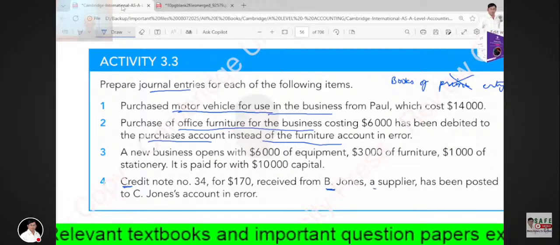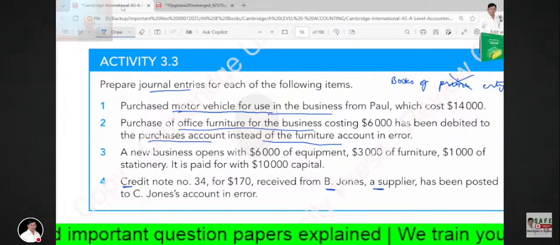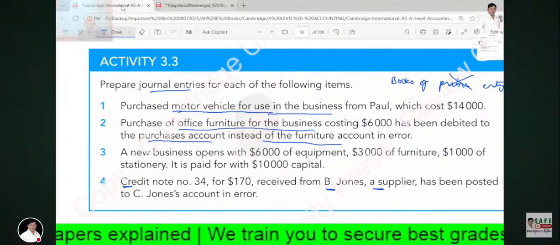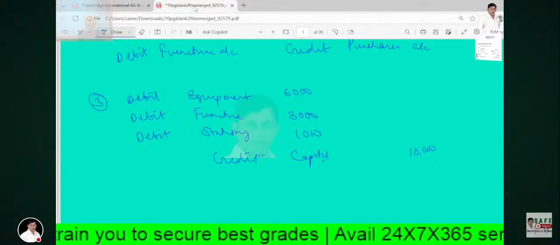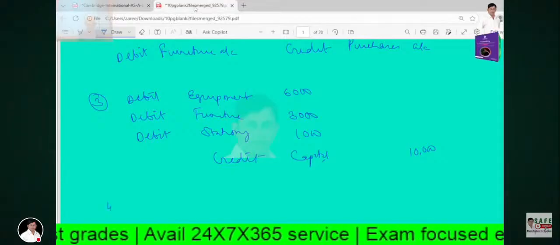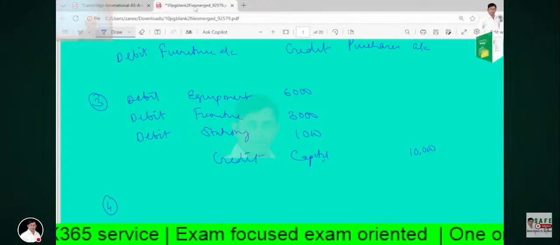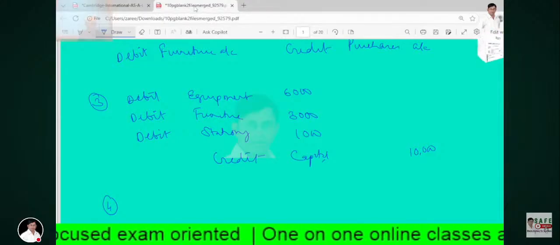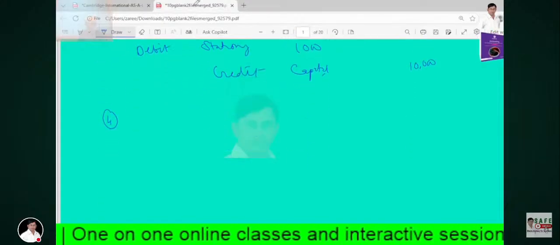To understand this, we have to analyze the transaction properly: what is the wrong entry, what is the right entry, then what is the rectification entry.